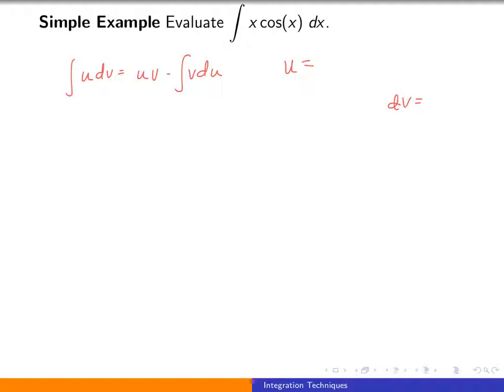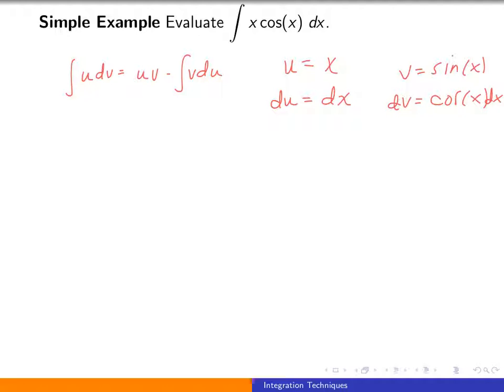Many times, not always, but many times when we have something of this form, x times a function, x is a particularly nice choice for u. The reason is that du is simply dx. It becomes simpler. But we do have to make sure that whatever function we pick to play the role of dv, it certainly needs to be something that we can integrate. So here dv is cosine x dx, so that v, its antiderivative, would be sine x.